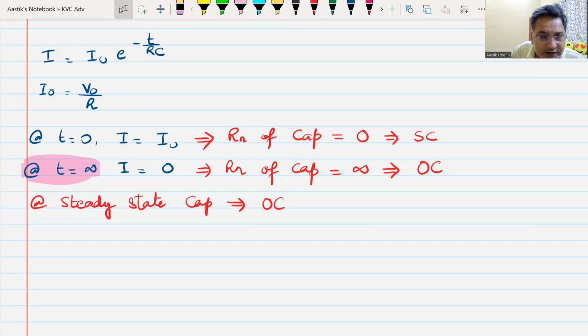Remember, whenever they are asking you any question on the transient state, you must understand that in that transient state, the charge on the capacitor will be varying exponentially, and therefore whatever answers you get would be in exponential form. Do you understand this?